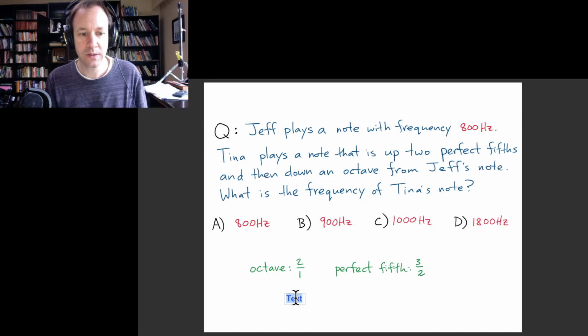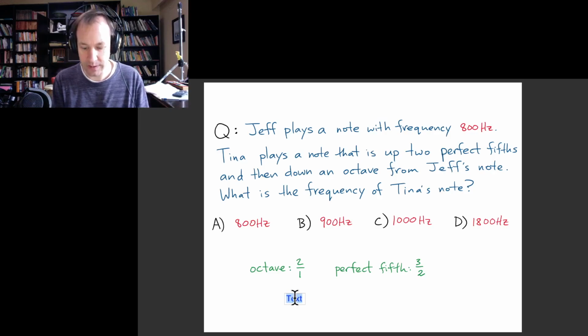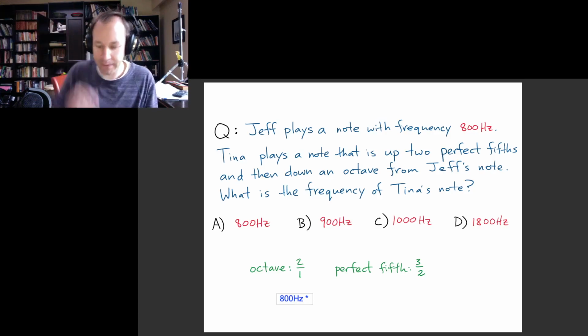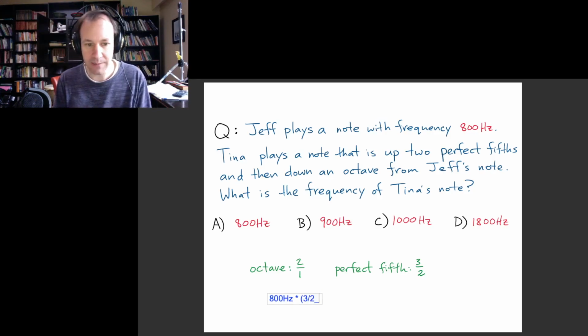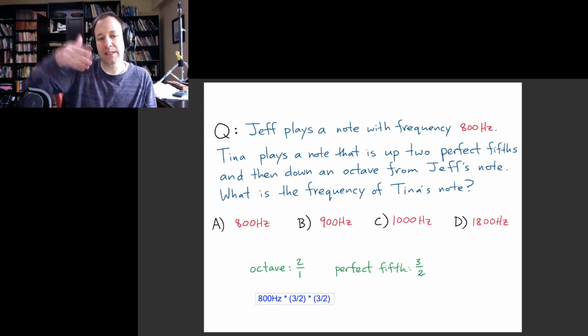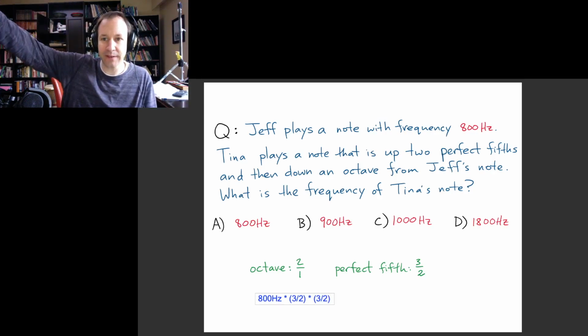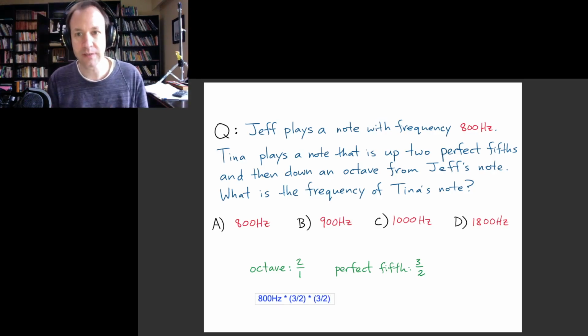Okay, so basically what we want to do is start with our frequency of 800 hertz. And then because we want to go up 2 perfect fifths, we want to multiply by 3/2, and then we're going to multiply by 3/2 again. So that'll get us to the note which is 2 perfect fifths up from the original note.